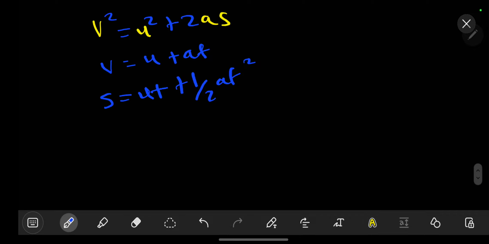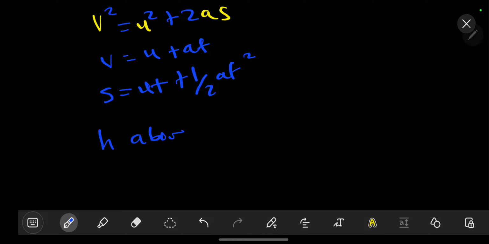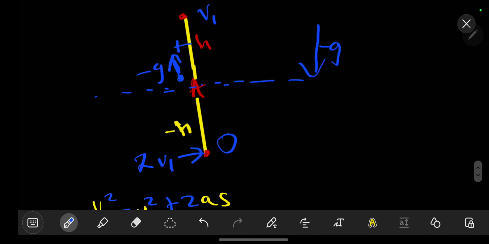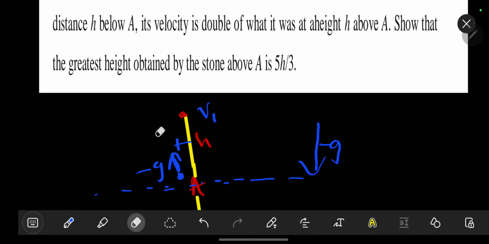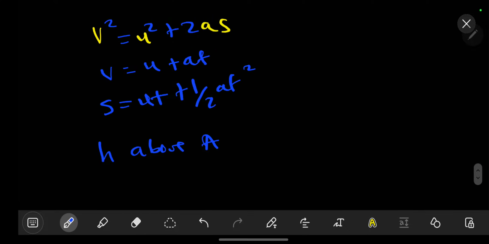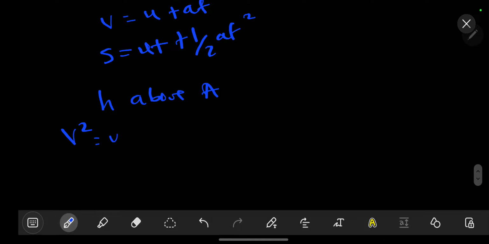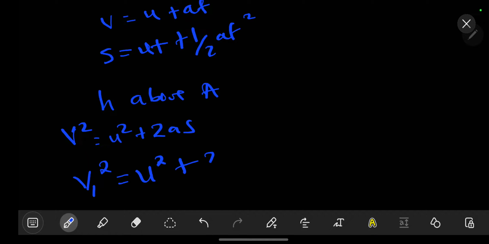So when it is h above A, at this point, using v squared equals u squared plus 2as, we are going to have v1 squared, where v1 is the final velocity, equals u squared, the initial which we don't know, plus 2 times gravity, which shall assume a negative value since it was thrown up, so 9.8, then times s.